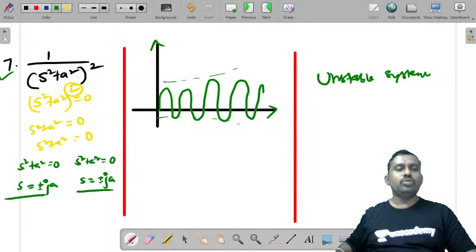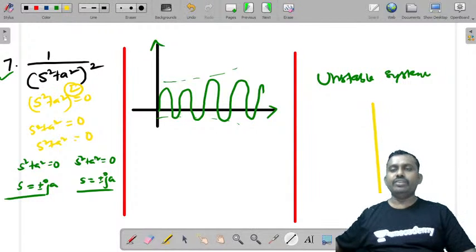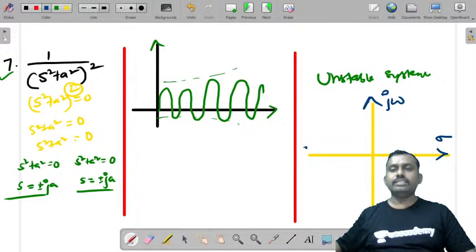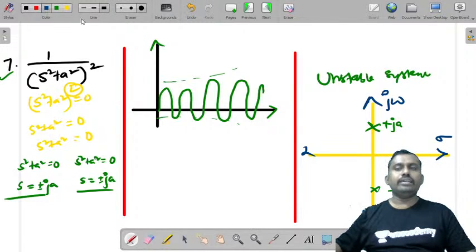These are the roots. That means the important point here is, if you take up the s plane, this is the j omega axis, this is the sigma axis. Where are the roots? We have repeated roots on the imaginary axis. This is plus ja and this is minus ja, and the roots are repeated.